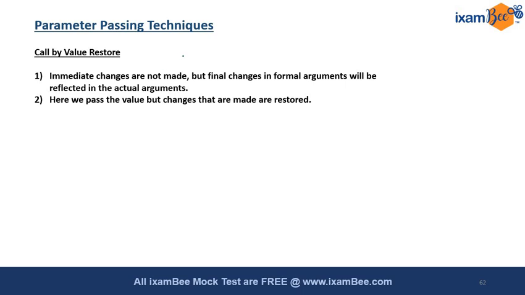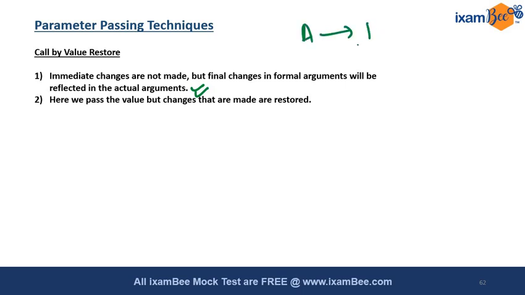Call by value restore is defined in two steps: immediate changes are not made, but the final changes in the formal arguments or formal parameters will be reflected in the actual arguments. So if you are doing any kind of intermediate changes, they are not going to be reflected immediately.